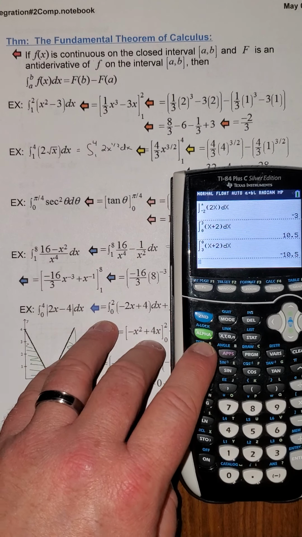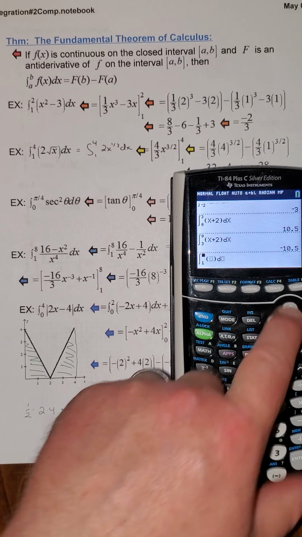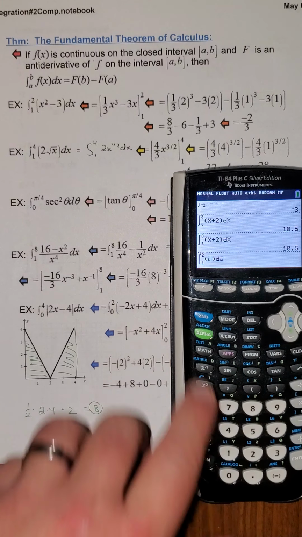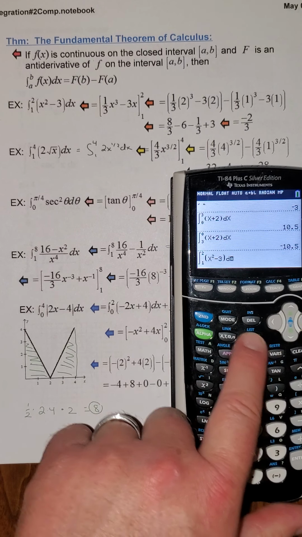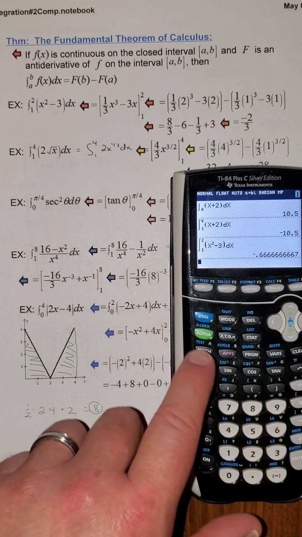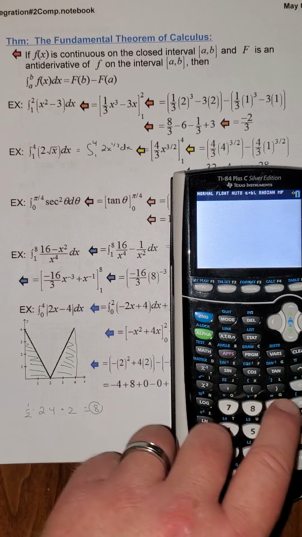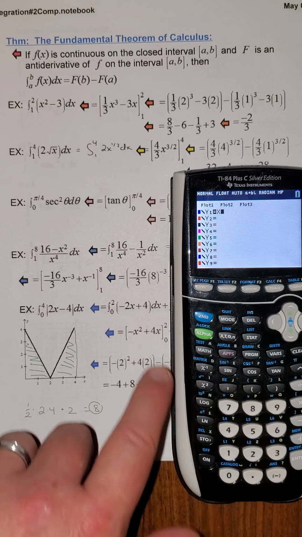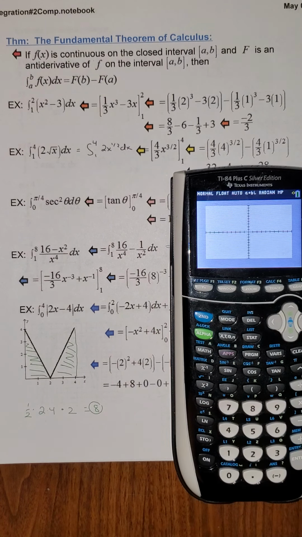If you take the integral, math number 9, and I go from 1 to 2, and I plug in that function x squared minus 3 with respect to x, I know the answer is supposed to be negative 2/3. Okay? You can see that on my calculator. I can also go to y equals, and I can type in x squared minus 3. Okay? And I can graph it.